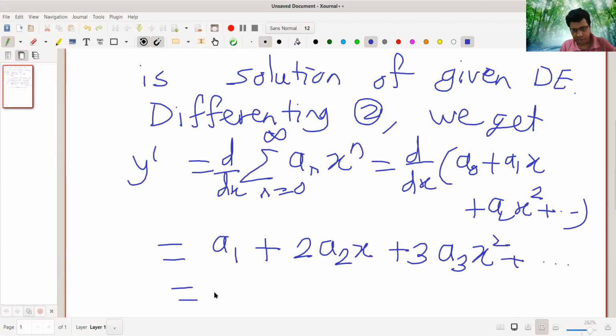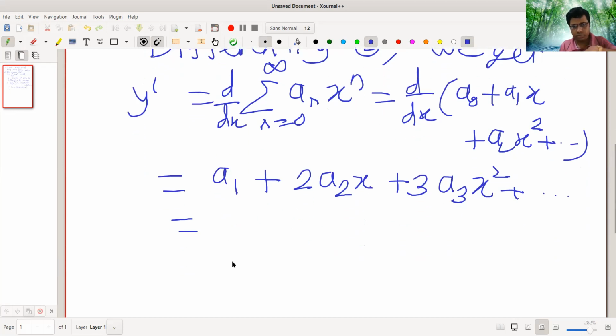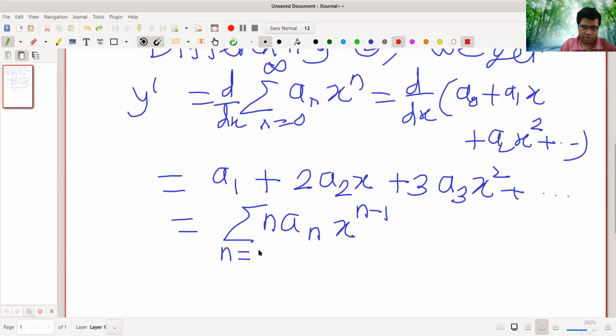Or this may be written as summation n into an x raised to n minus 1, n is now from 1 to infinity. Okay, so this is 3.